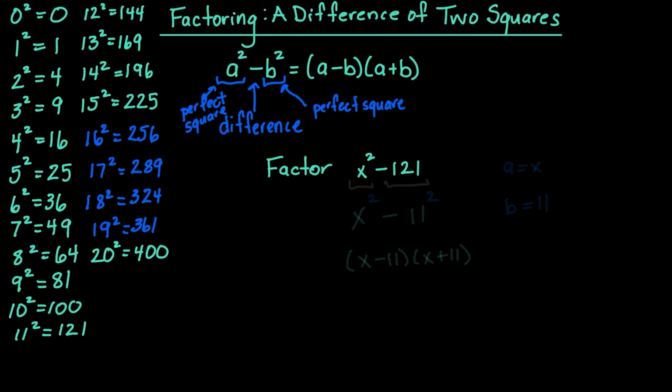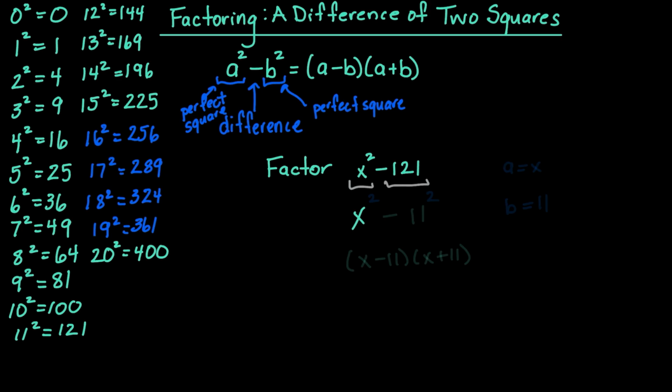Okay, now we want to factor x squared minus 121. Again, I see a binomial, and if you don't know, binomial just means we have two terms. The first term is a perfect square because x squared is a perfect square. The second term I know is a perfect square. I know it's 11 squared.